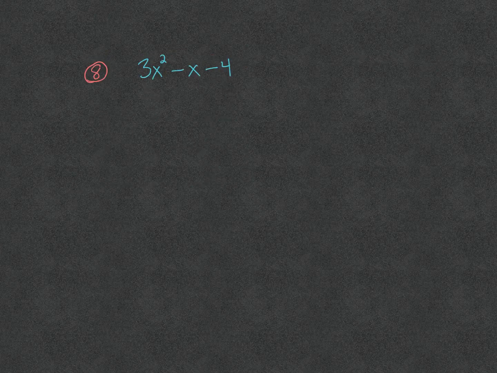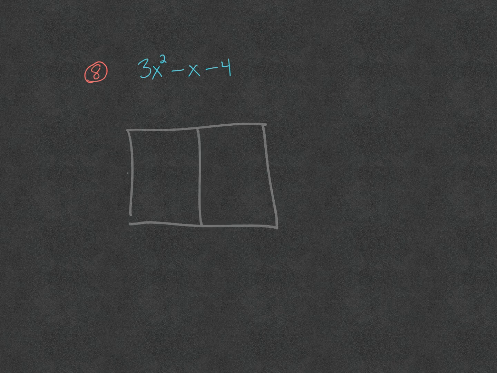All right, so 3x squared minus x minus 4 does not have a greatest common factor. It is 3 terms, so it's a quadratic trinomial. So I'm going to draw the box. I'm going to lock in what I know, which is that 3x squared is 3x times x.